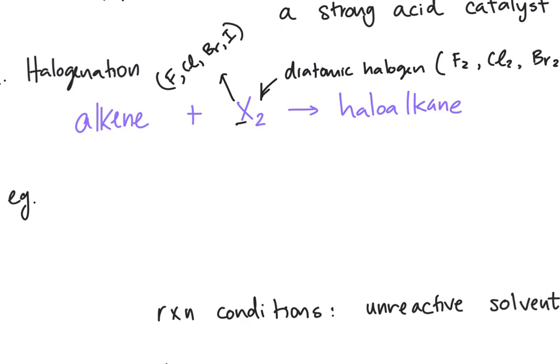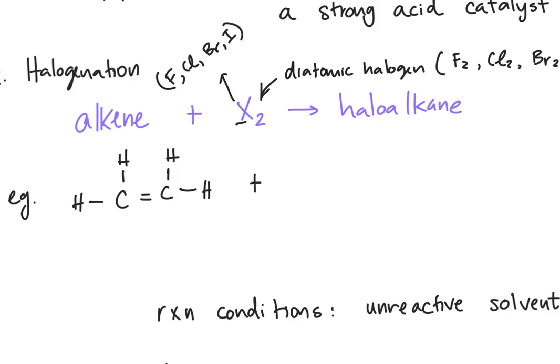And what you want to form at the end is a haloalkane. So for example, if I started off with an alkene, I'll start off with the most basic alkene. And remember, I'm drawing it in different ways to show you that there are different ways of drawing an alkene. So I've got my double bond between carbons plus a halogen.